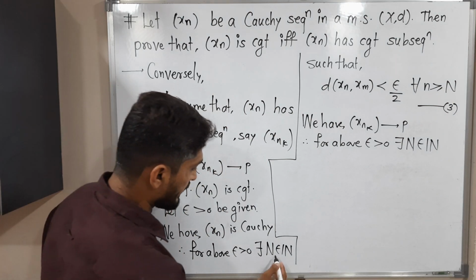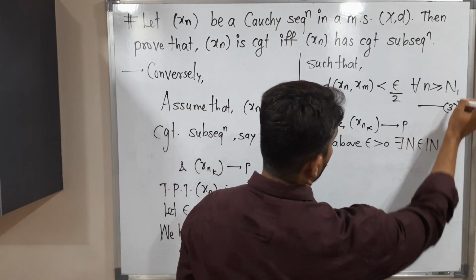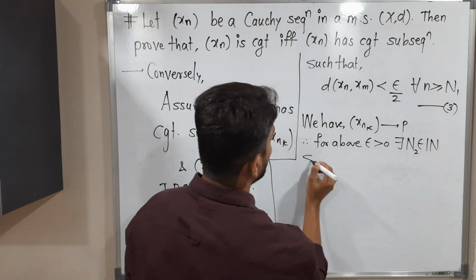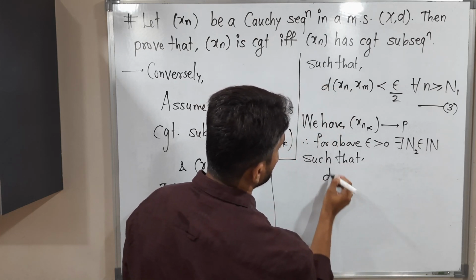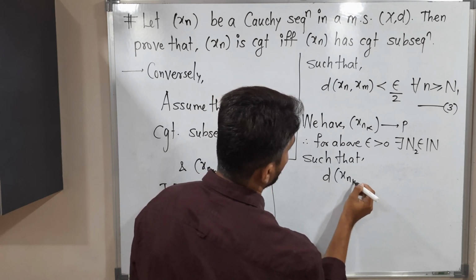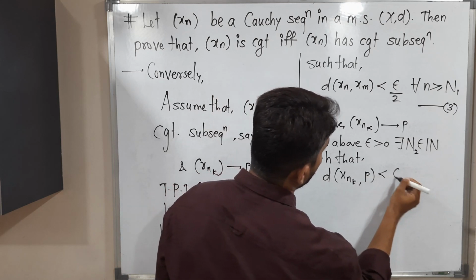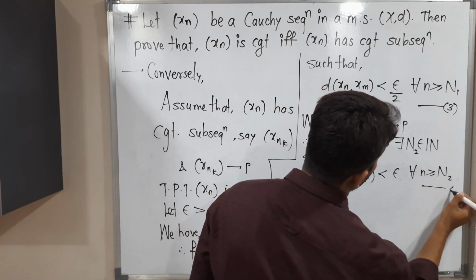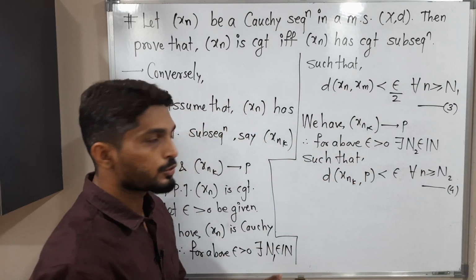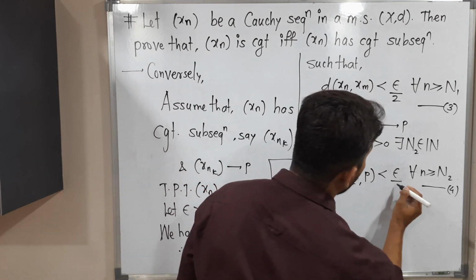So, let me call it N1, and this is N2, such that by definition of convergent sequence we can write d(x_{n_k}, p) less than epsilon for all n greater than or equal to N2. Here also for adjustment I am going to write epsilon/2.